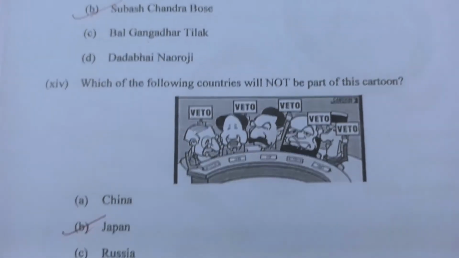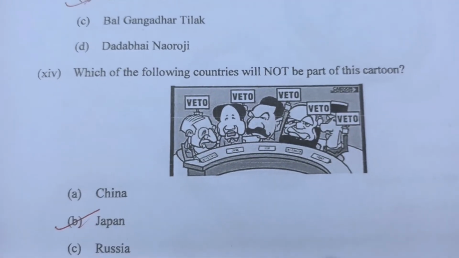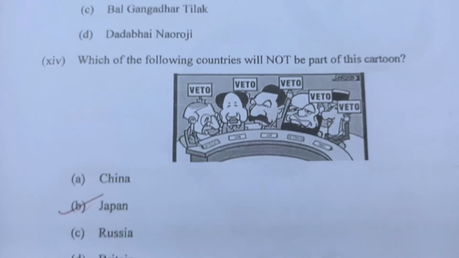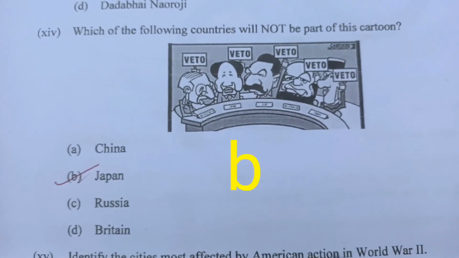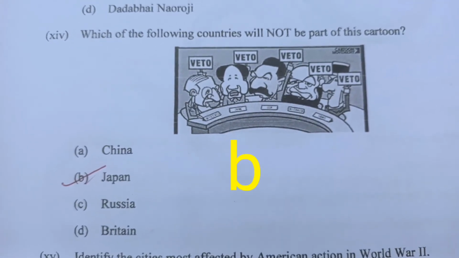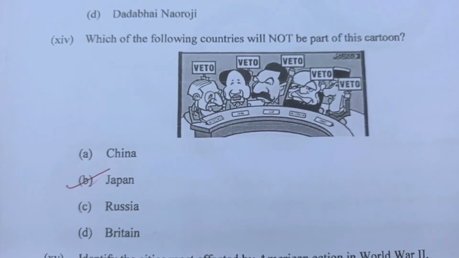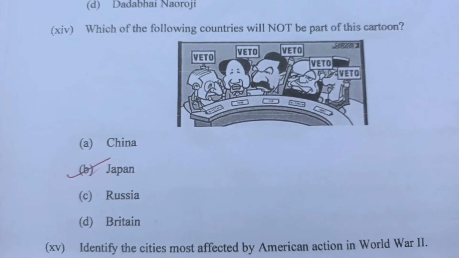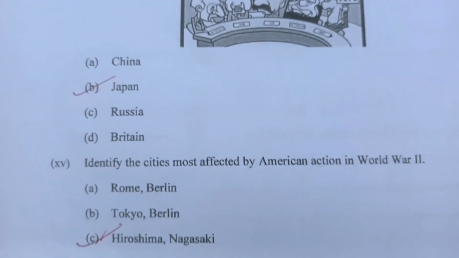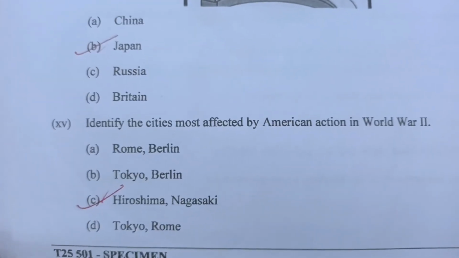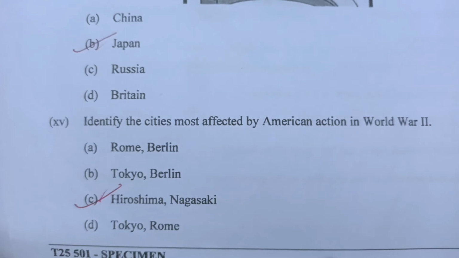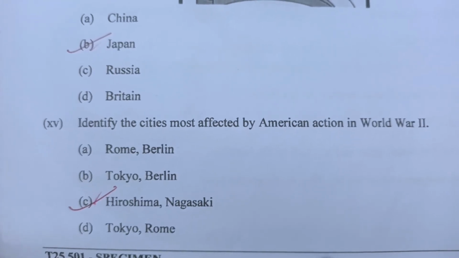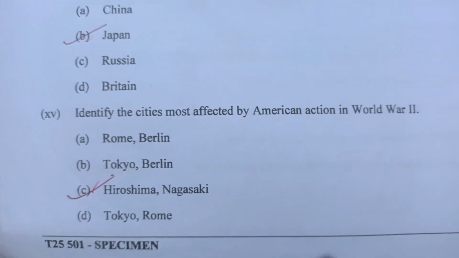14th, which of the following countries will not be part of this cartoon? So here option B is correct, Japan. Rest are the permanent members of the UN and they have the veto power. Number 15th, identify the cities most affected by America's action in World War II.